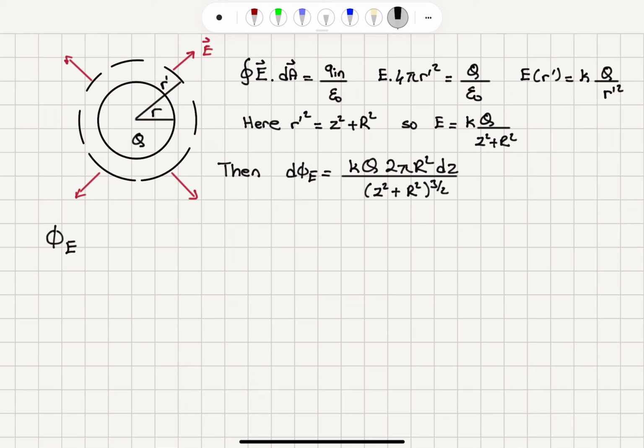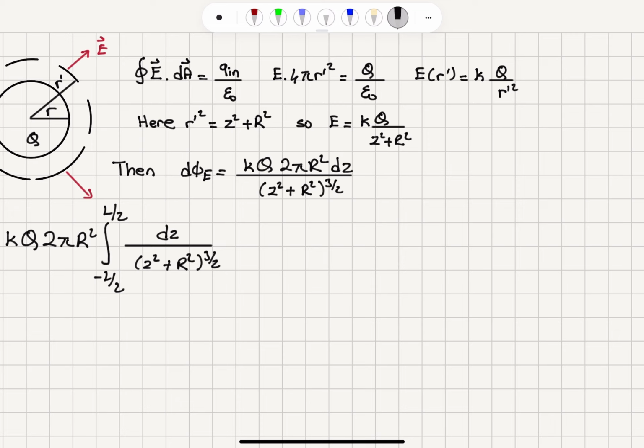So phi e, the total flux, will be equal to, taking out things that don't belong to the integral, K capital Q 2 pi capital R square integral from z equal to minus L over 2 to plus L over 2 of dz divided by z square plus capital R square to the power 3 over 2.